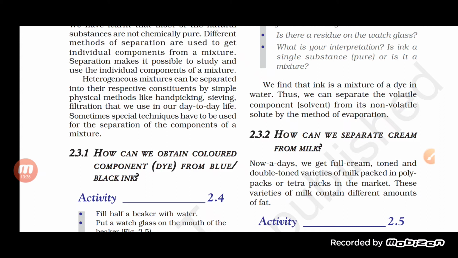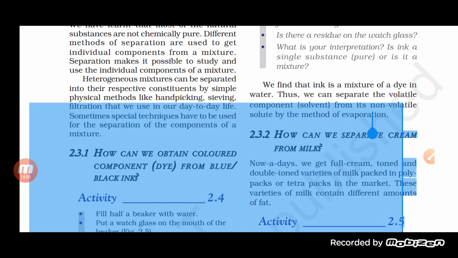Similarly, in the case of ink, the water present in the ink will evaporate, but the different color components present in the dye will remain as they are. So this is one of the methods by which we can separate the volatile component from the non-volatile component through the process of evaporation.